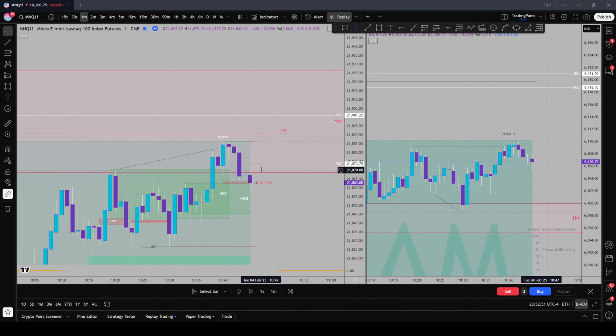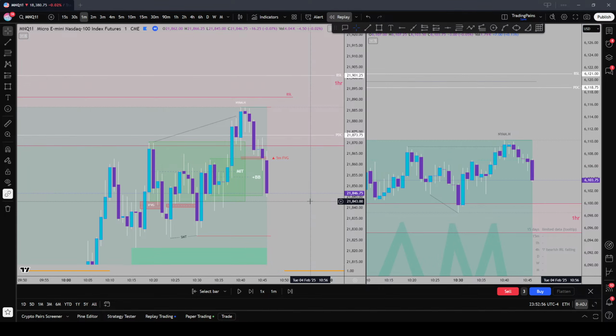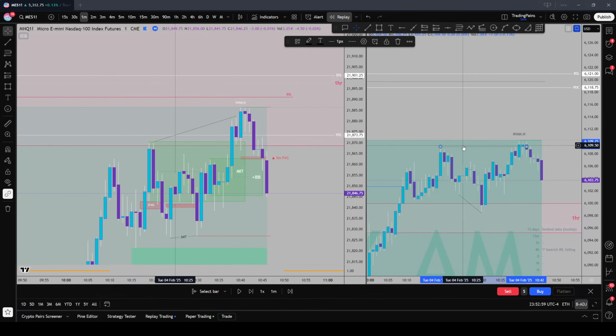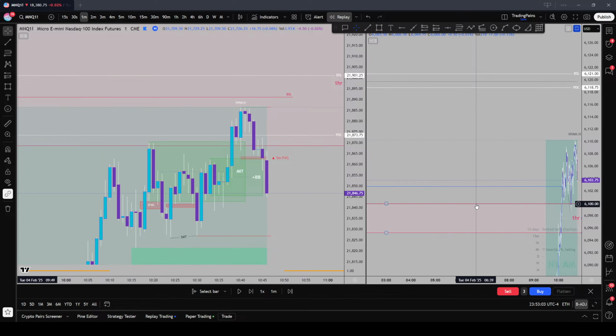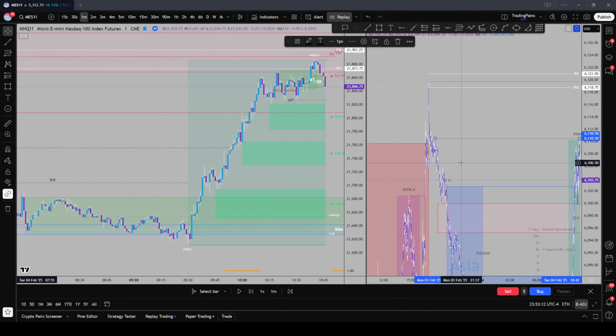Okay, that's a 5-minute fair value gap that just formed, and inverted it. Cool. It inverted it, so let's take this. What about this? What did ES take out? Almost made equal highs. Look at that.